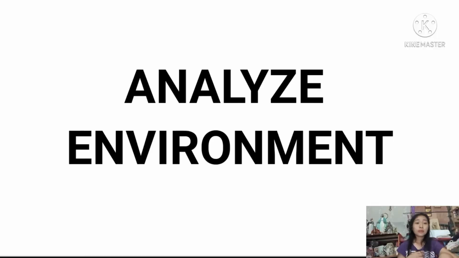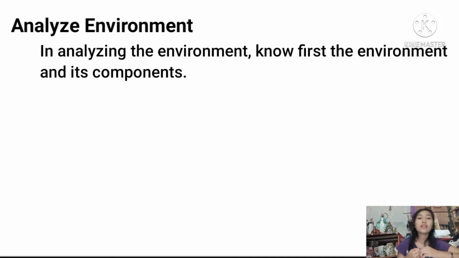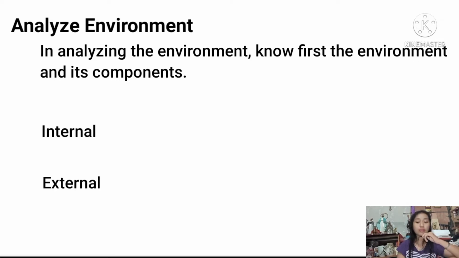After diagnosing the problem, next is to analyze the environment. In analyzing the environment, we should know first the environment and its components. The two components of the environment are the internal and external.